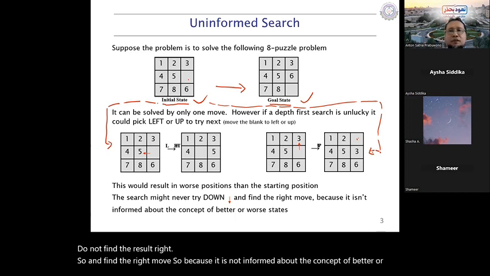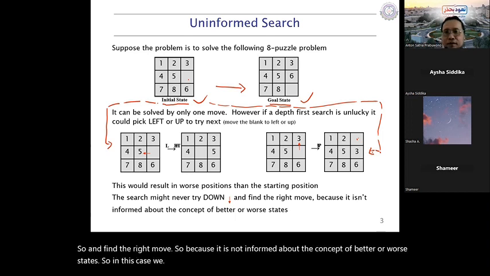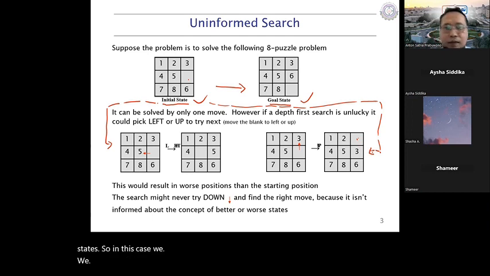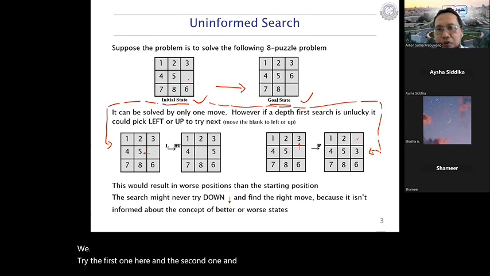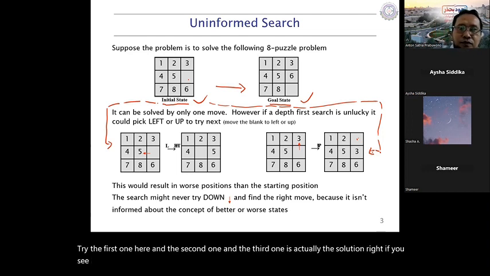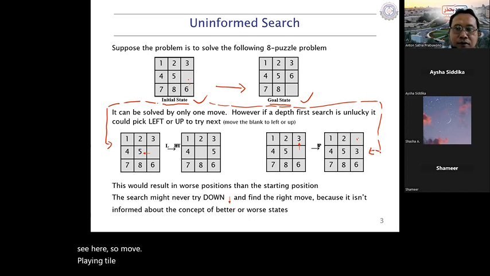So in this case, we try the first one here, and the second one, and the third one is actually the solution. If we see here, move the blank tile down, right? So then 6 will be up here, and this position will be the other one.